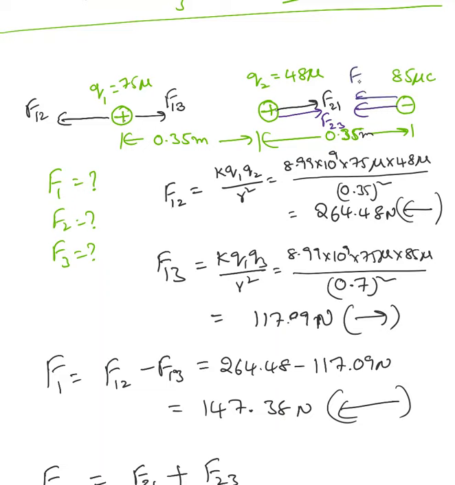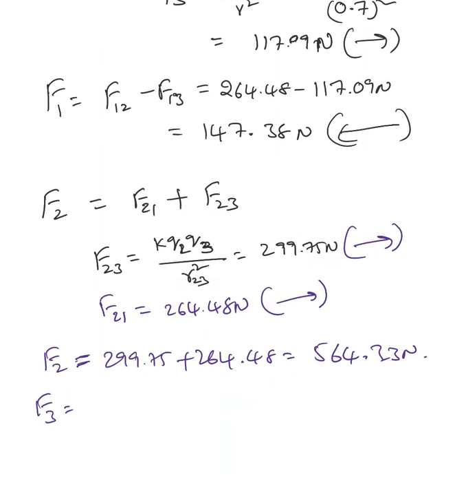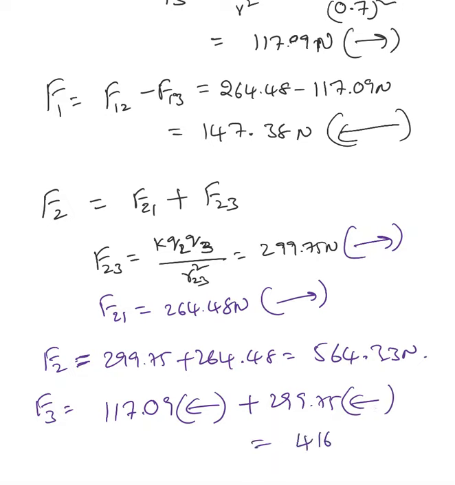So this is 3-1, that is 3-2. Okay, so both of them are in the same direction, so they attract each other. So 3-1, which is 117.09, direction is towards left, and 299.75, that is also towards left. That must be 416.84 towards left, here towards right.